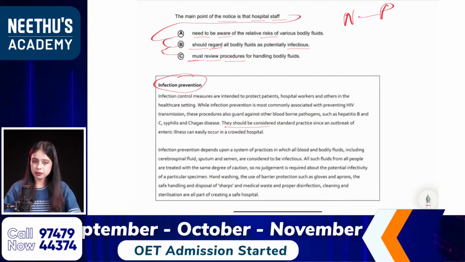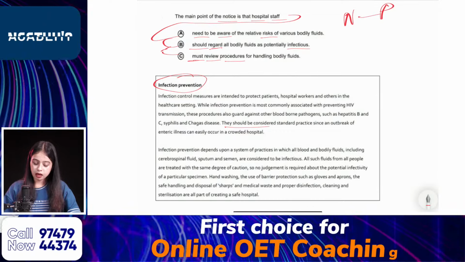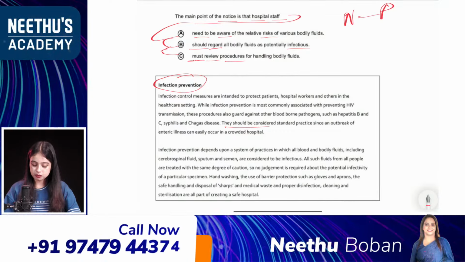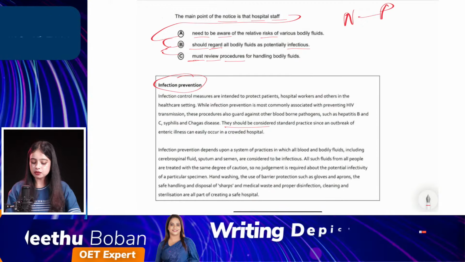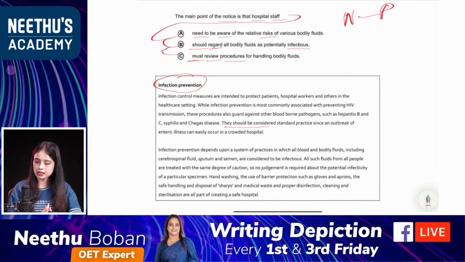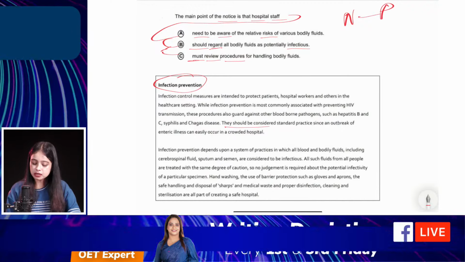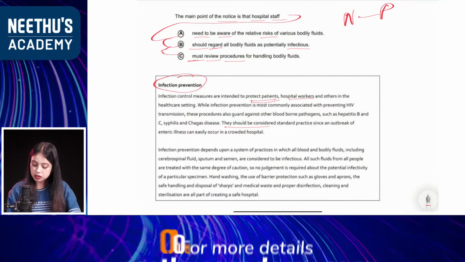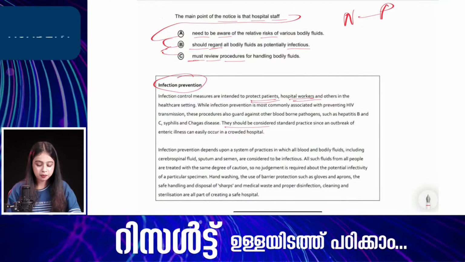Option C can be eliminated. How? Must review procedures for handling bodily fluids. In the first paragraph it is very clearly mentioned what the preventive measures are. Once again I'll read the first para. Infection control measures are intended to protect patients, hospital workers, others in the healthcare setting.